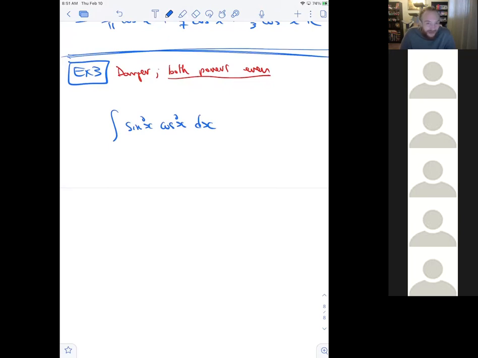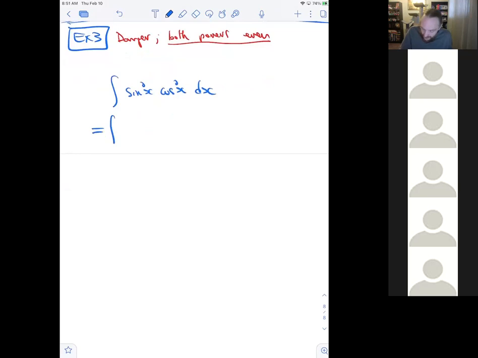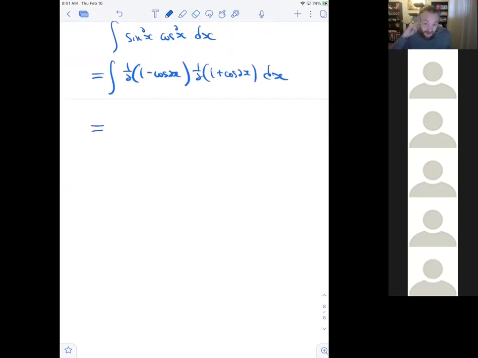So what am I doing? In this one, they're both even, so I have to use the identities. This is the integral of 1/2 times 1 minus cos 2x times 1/2 times 1 plus cos 2x dx. Now I'm just trying to deal with the trigonometry and FOIL everything out.